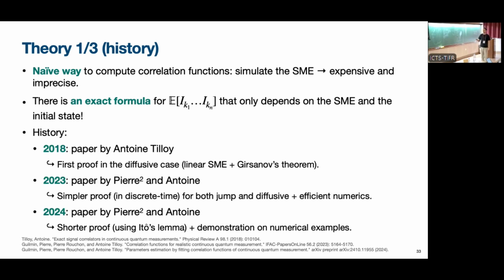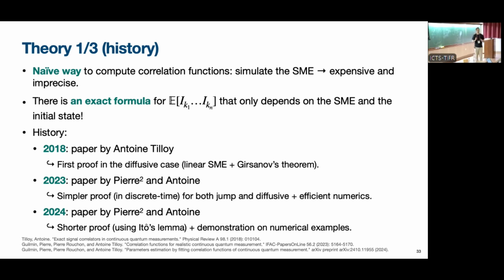Historically, this has been proposed by Antoine Sillois in 2018 for the diffusive case. Then we had a paper at the beginning of my PhD with Pierre and Antoine Sillois with a simpler proof and some efficient numerics to compute these formulas. And then last year, we published a paper with an even shorter proof.